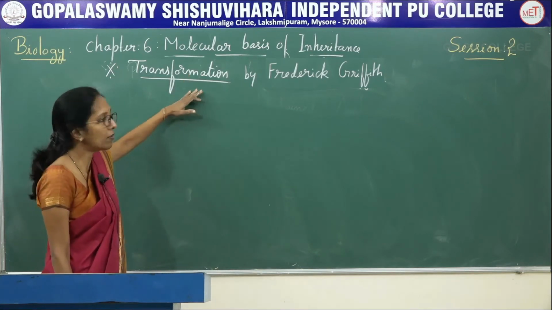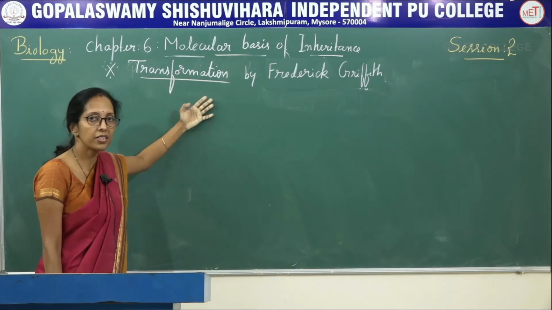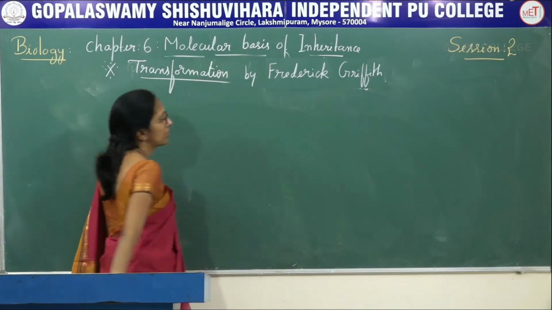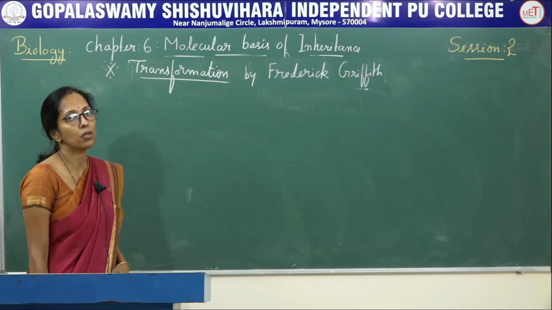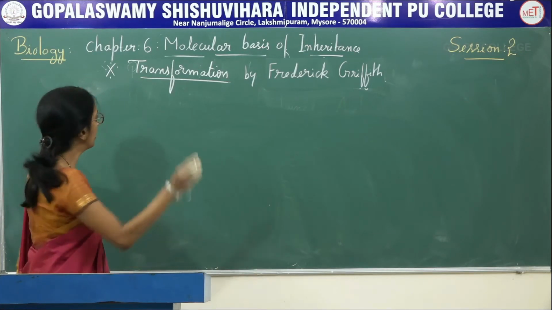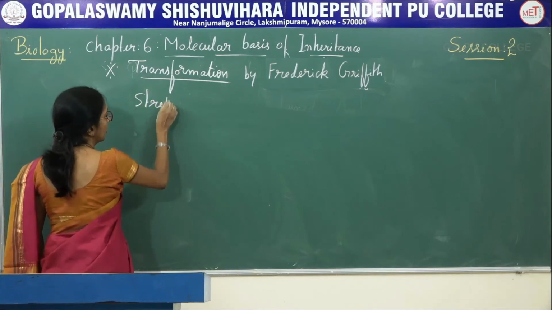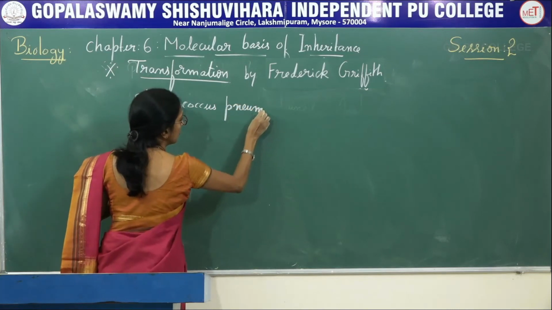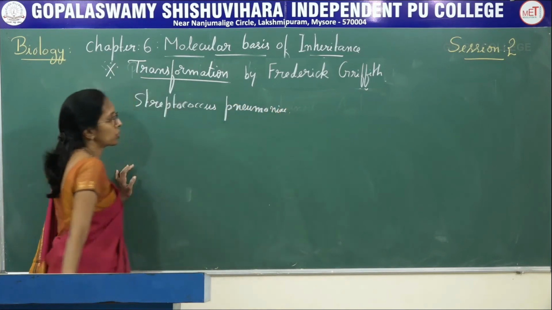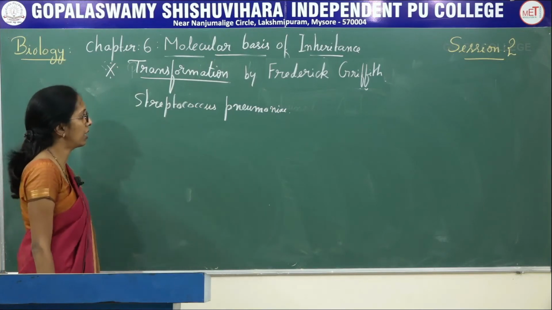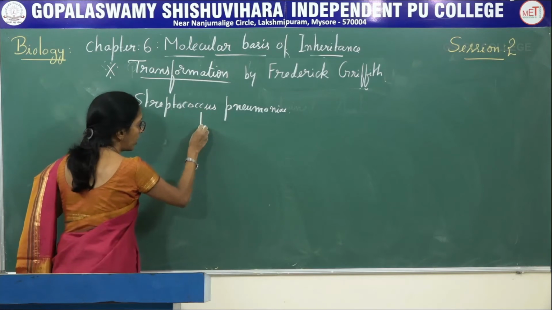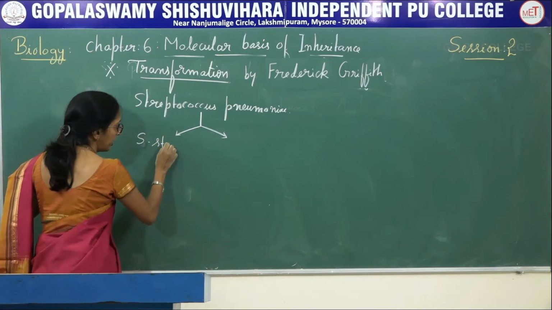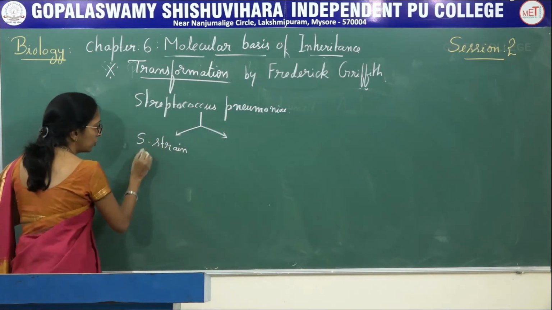It is a movement of genetic material from one organism to another organism, and here Frederick Griffith identified this phenomenon while he was working with a type of bacteria that is said to be Streptococcus pneumoniae, which causes pneumonia. This bacteria occurs in 2 forms. One is the S strain, that is the smooth strain.